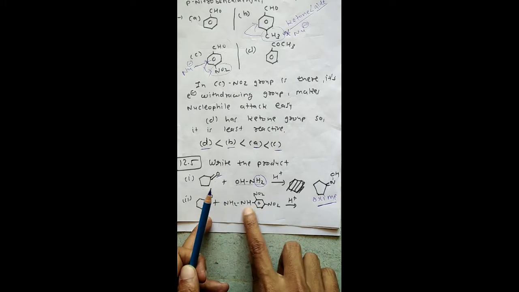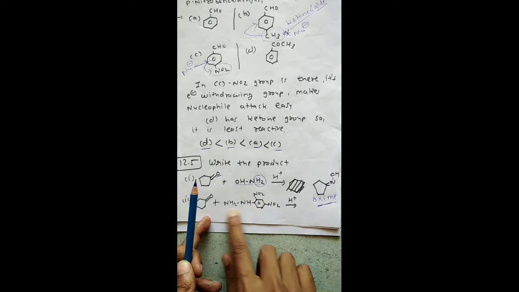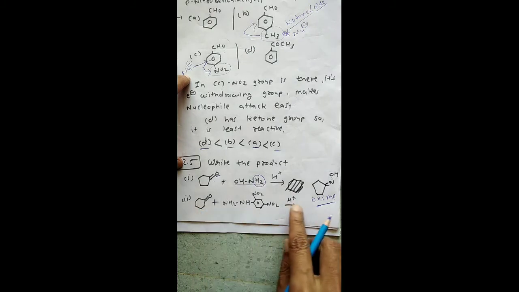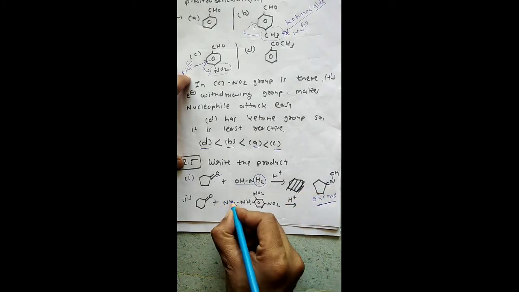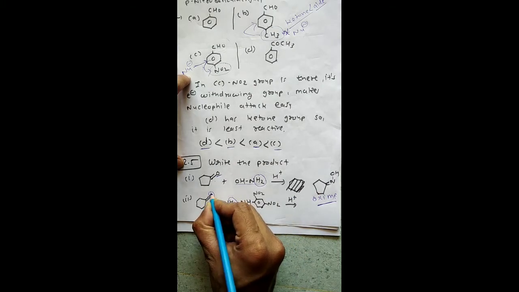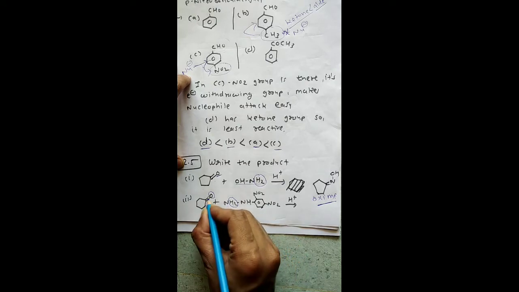Instead of one hydrogen we have this group, and it is 2,4-dinitrophenylhydrazine. When it reacts with cyclohexanone in presence of acid, again the same method you have to use. Here H2 is there and here oxygen is there. So remove H2O and the remaining part you have to attach here on the double bond.